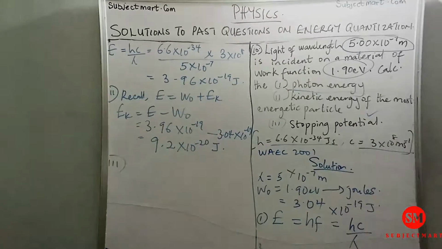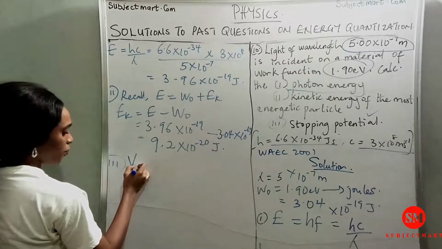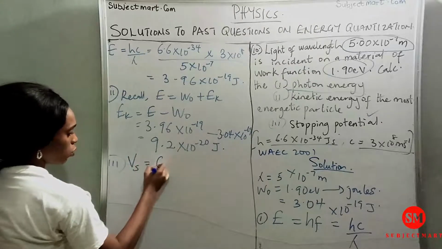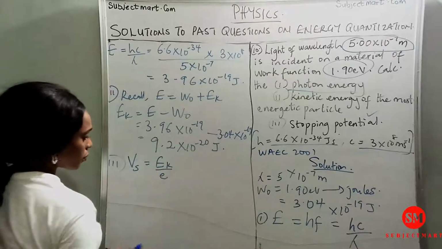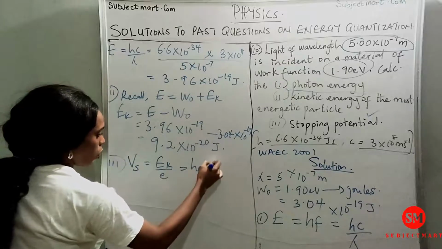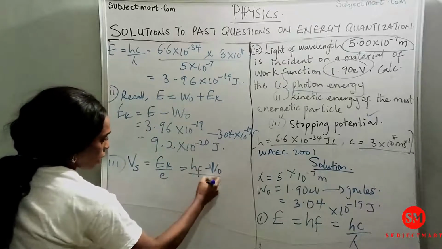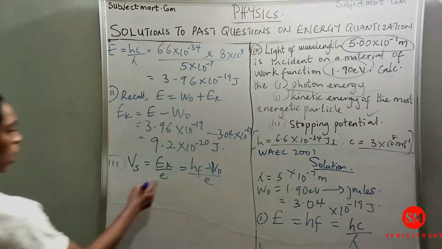Now, the last question, this is the stopping potential. You recall from this equation, stopping potential is equals to EK over E and is equals to HF minus the work function over E, depending on what we have. Okay, so I'm just going to go ahead and use this.